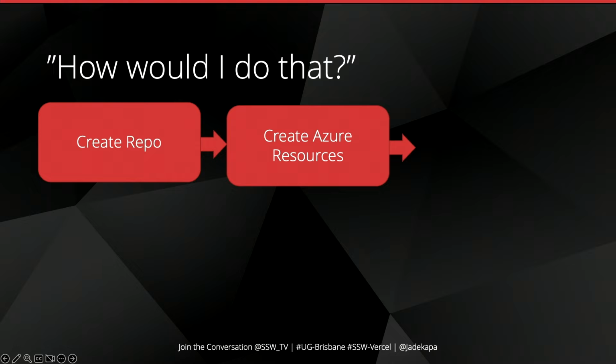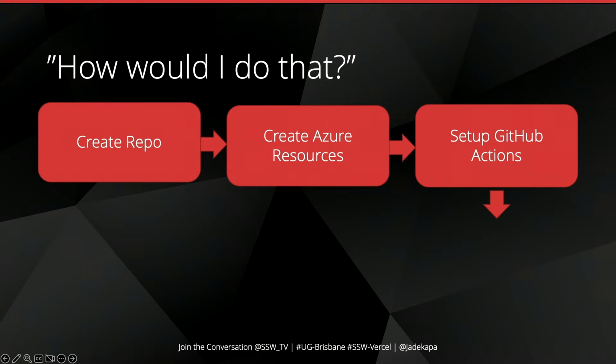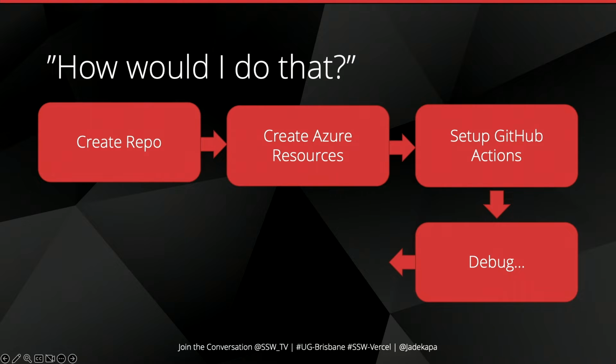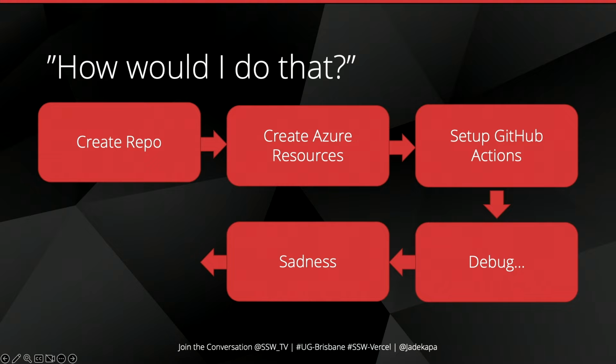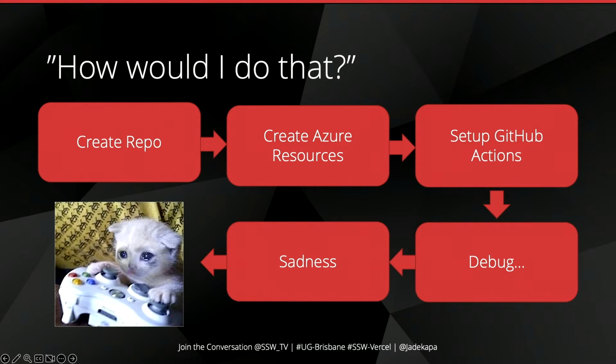I would have to create my Azure resources, like a static web app. And then I would have to set up my GitHub actions. Now, to be fair to Azure, it's not very hard to set up a static web app, but then I would have to set up things like App Insights or Front Door, and then I would have to debug those resources, and then I would get sad, and I would go play games because I'm sad.